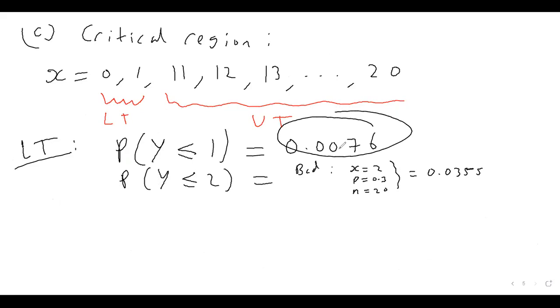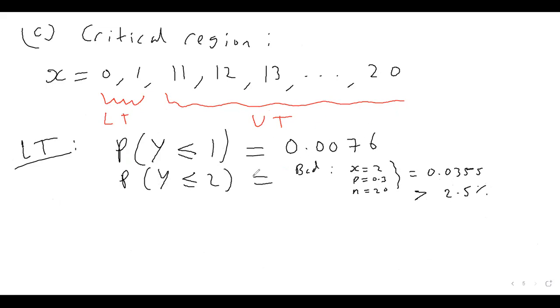The real probability that we reject H0 in the lower tail is not 2.5%. I know we dedicated 2.5% of our significance level to the lower tail, but that doesn't mean that's the real significance level for this binomial distribution. The real significance level is this. The probability of getting two successes is bigger than 2.5%, so this 2 is not in our critical region.